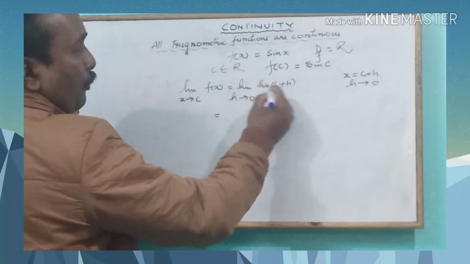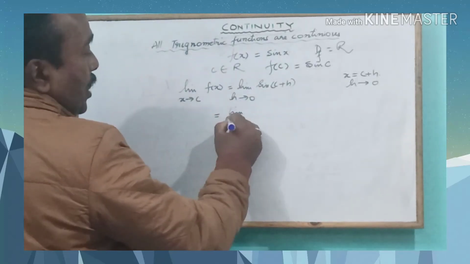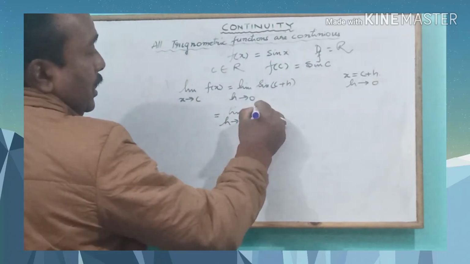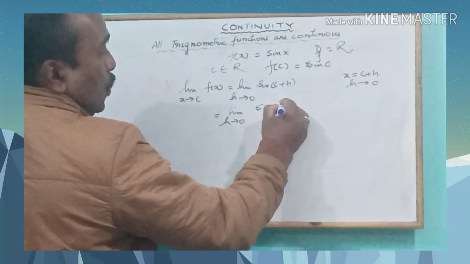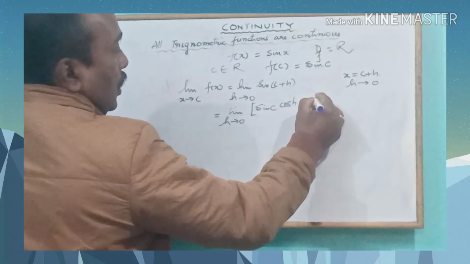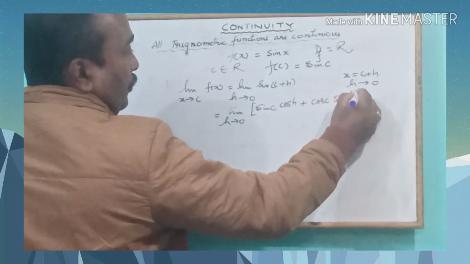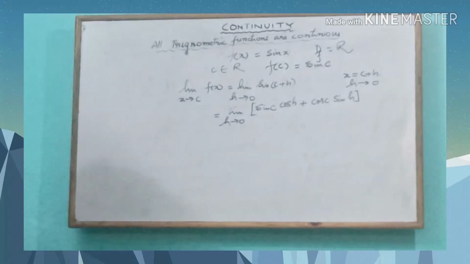So, putting the formula of sin(a plus b), limit h tends to 0 of sin c cos h plus cos c sin h. Is it okay?